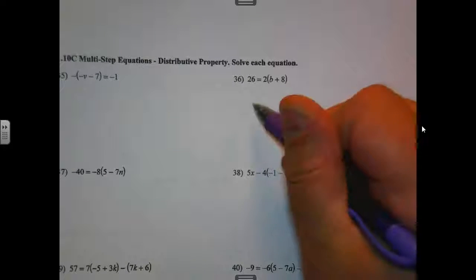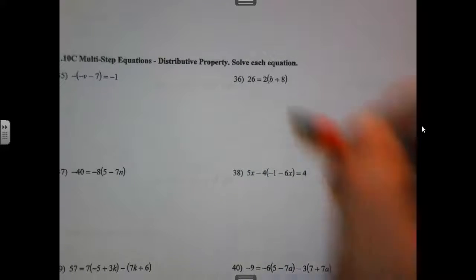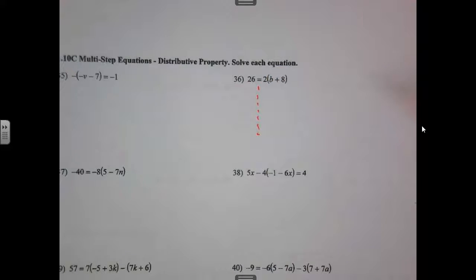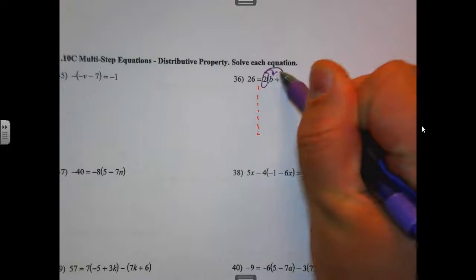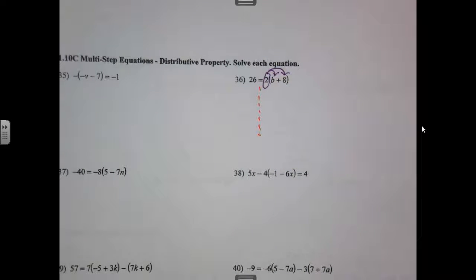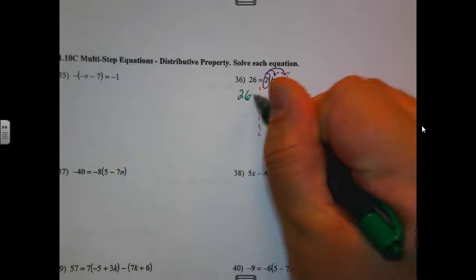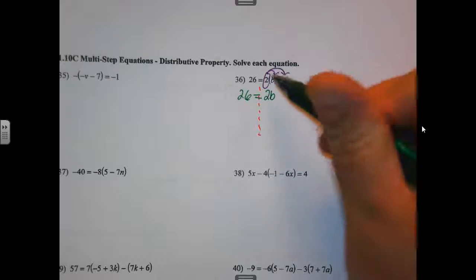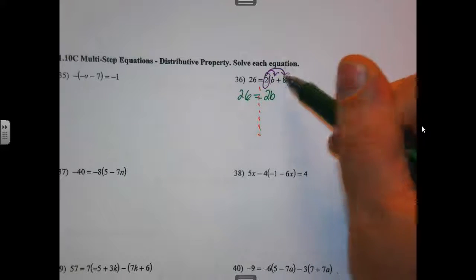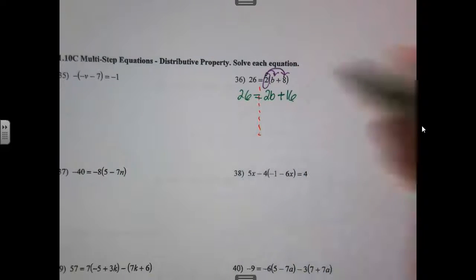All right, number 36. I have an equation, highly suggest putting a line between them. I have a 2 I need to distribute on the right-hand side. So I get 26 equals 2 times b is 2b, or not to be. 2 times 8 is 16.